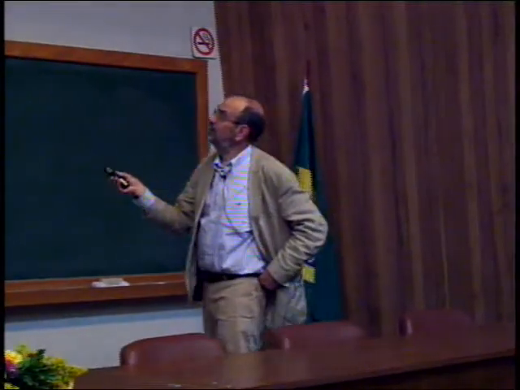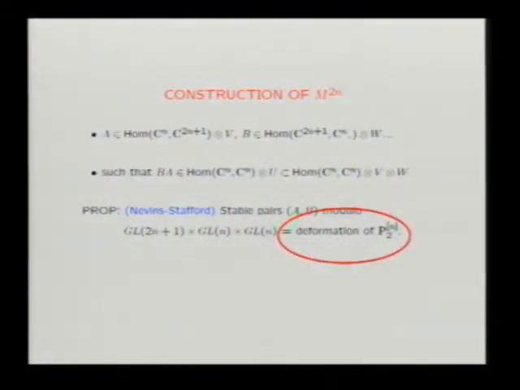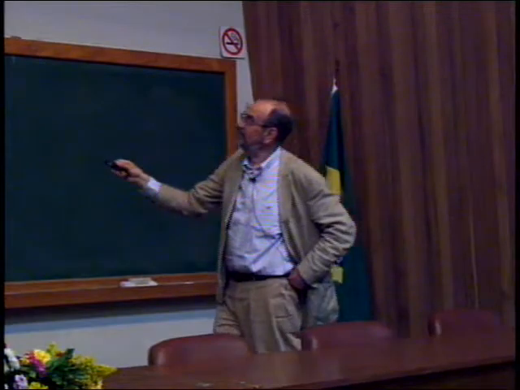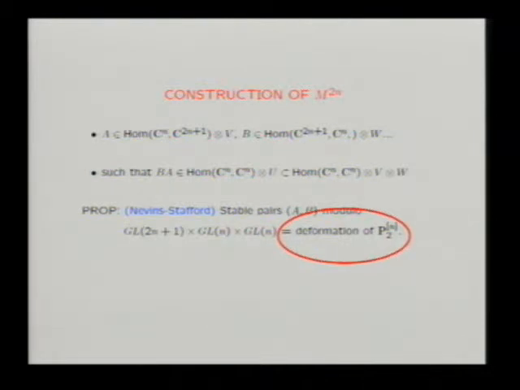So if you're trying to construct this deformation of the nth Hilbert scheme of P2, what you do is take matrices like this: n by 2n plus 1 matrices with values in this three-dimensional space V, and the other way around with values in W. Then you look at these quadratic constraints: you look at BA, and you insist that it lies inside the U, which sits inside V tensor W. So this is a lot of constraints, and then you divide out by the obvious actions of the general linear group, which means you have to impose some stability condition in order to get a variety.